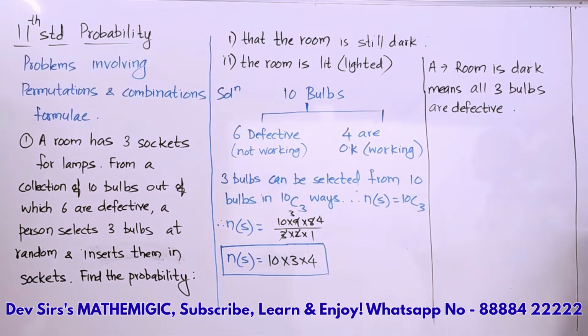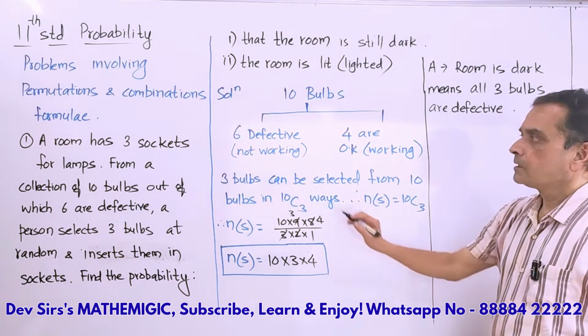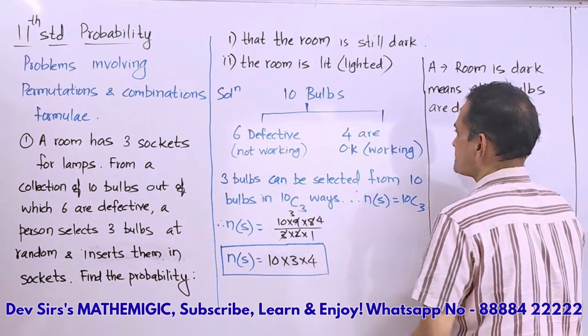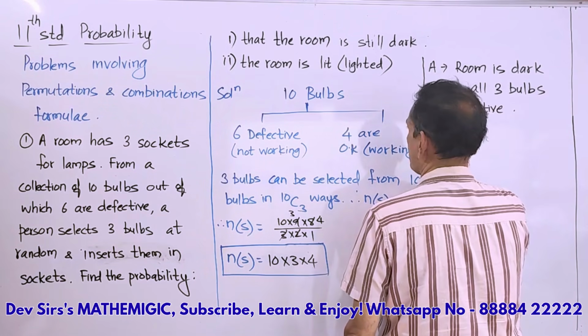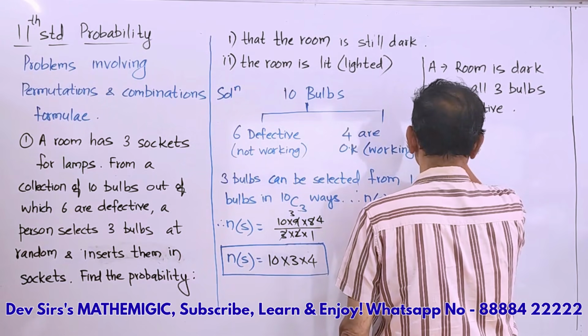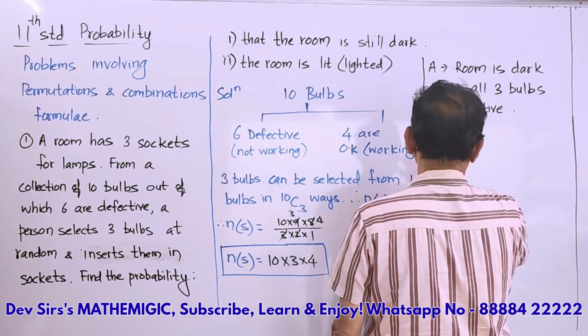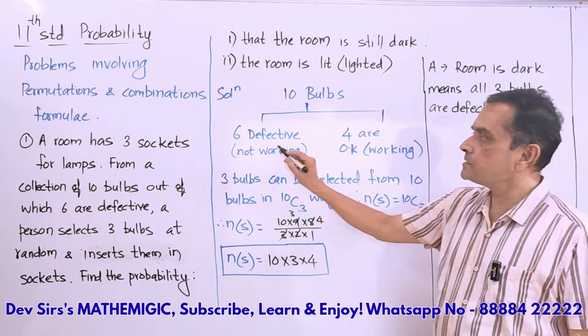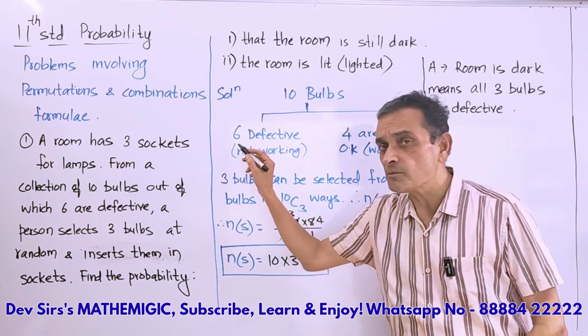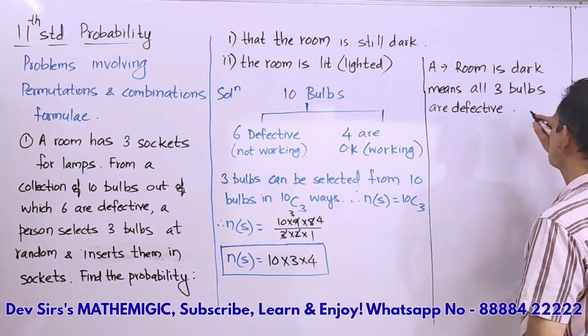Now all three bulbs are defective means what? Sorry, not 10C6. All three bulbs are defective means selecting 3 defective from 6 defective. So it will be 6C3.